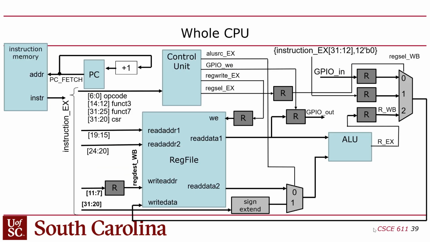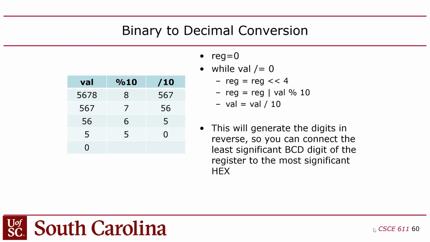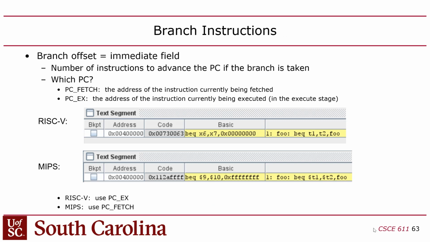So, okay, what do we need to do to get branches and jumps to work? I mentioned last time that branches use PC relative addressing. When you have a branch in your assembly code, branches just branch to a label in your code. So you don't really think about branch addressing when you write assembly code.